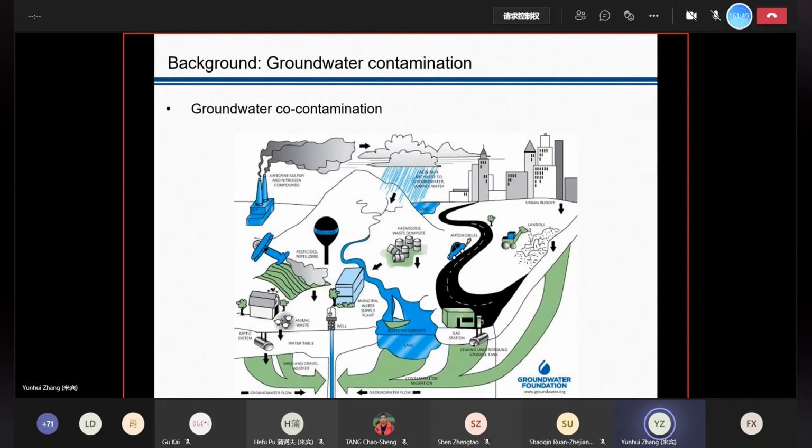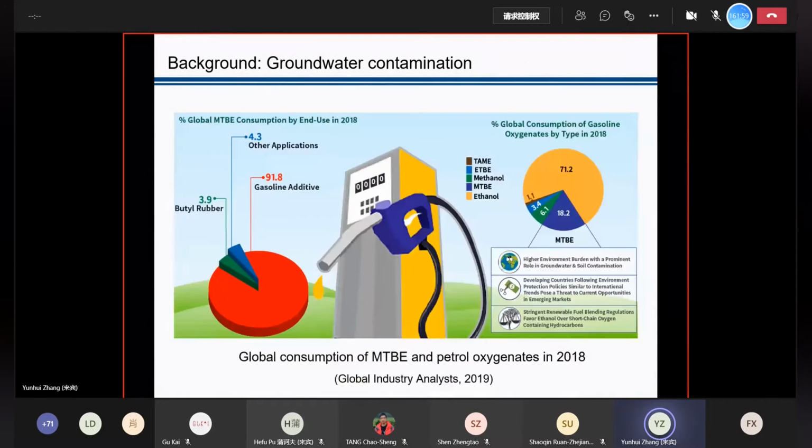One example of a common inorganic and organic contaminant pairing is methyl tert-butyl ether, MTBE, and lead. Both of them were used as petrol additives.